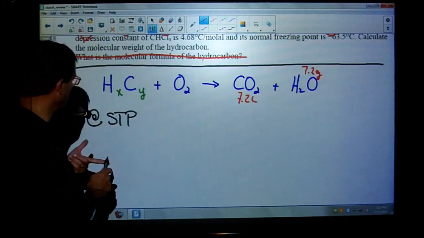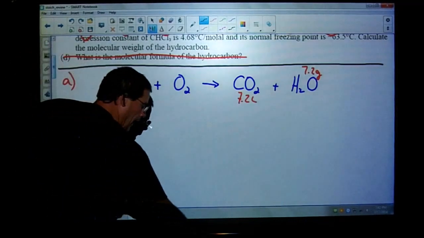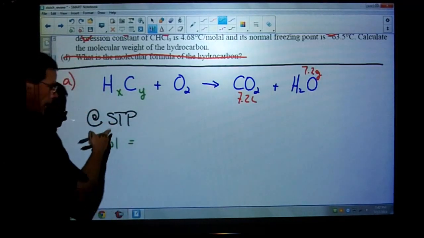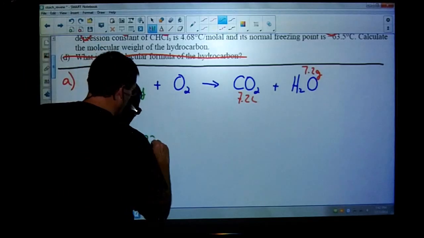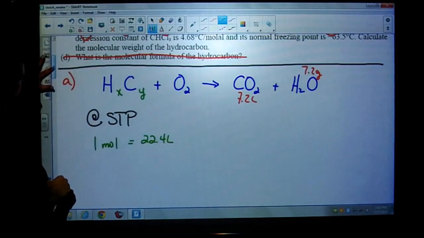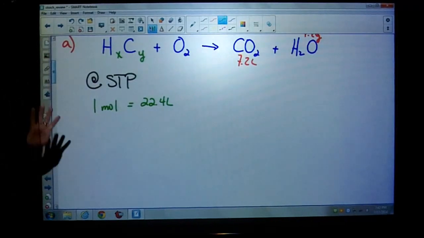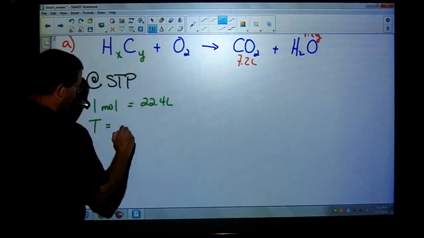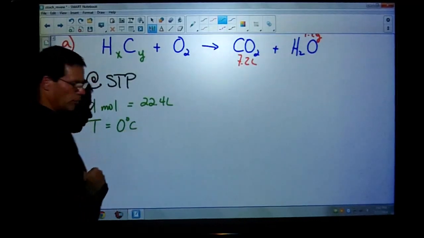Now, what that means is if you have 1 mole of any gas, and we're at STP, its volume is 22.4 liters. And also, the standard temperature and pressure, and I believe it's on your equation sheet. The temperature is equal to 0 degrees Celsius, which is a bad number.